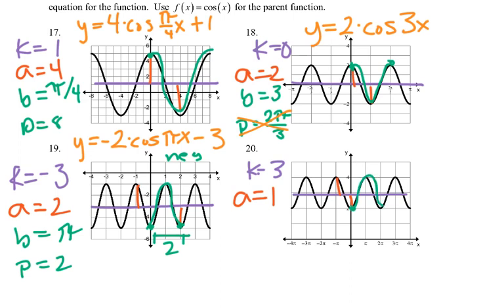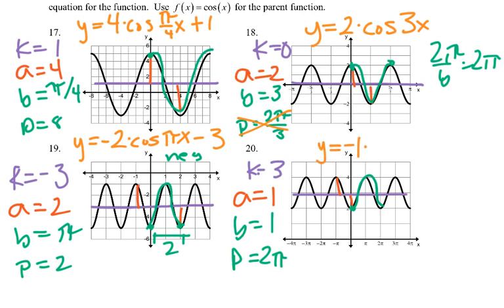But we go from here to here to 2 pi. Okay, so our period is 2 pi, which means that our b has to be 1. Because 2 pi over b equals 2 pi. Only way it can work is if it's 1. Okay, so I go y equals -1 times the cosine of 1x plus 3.